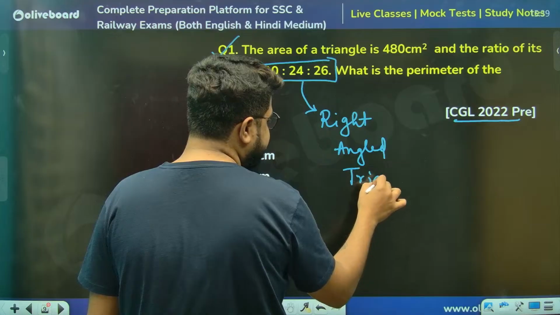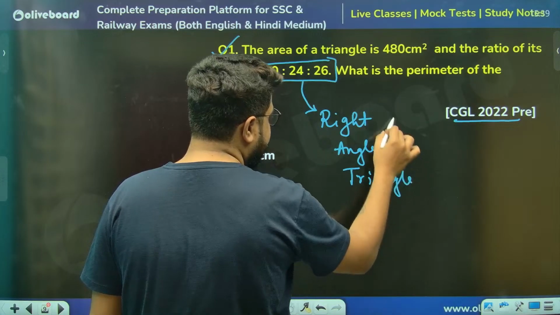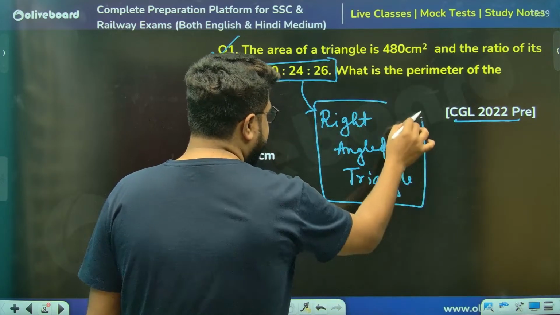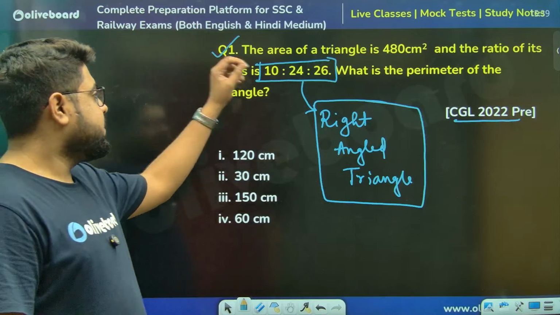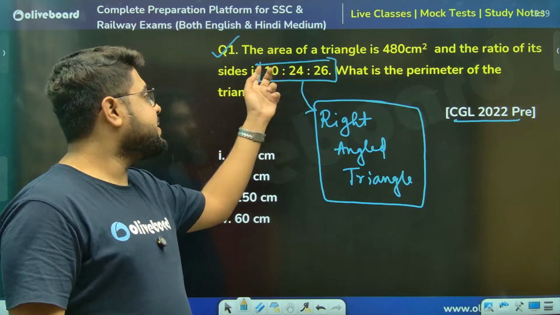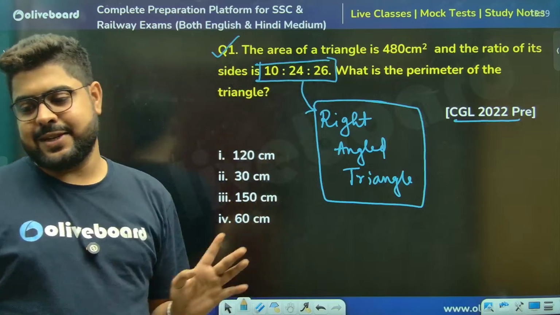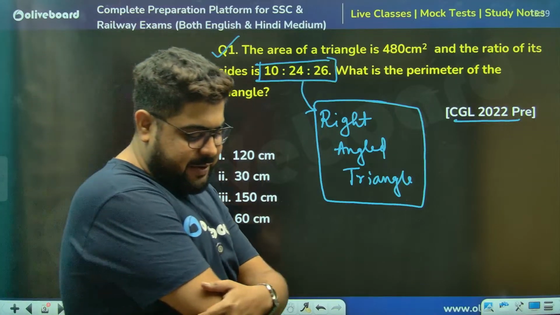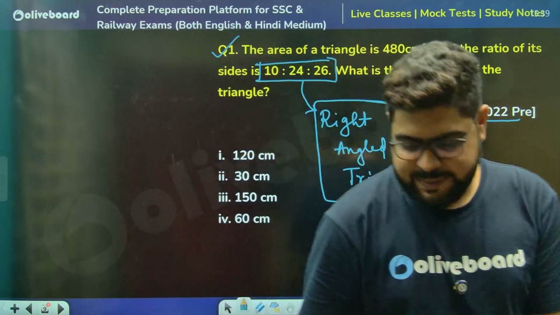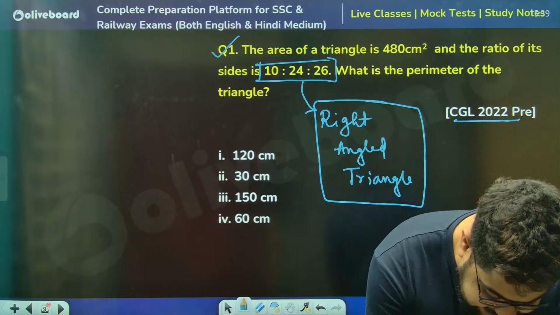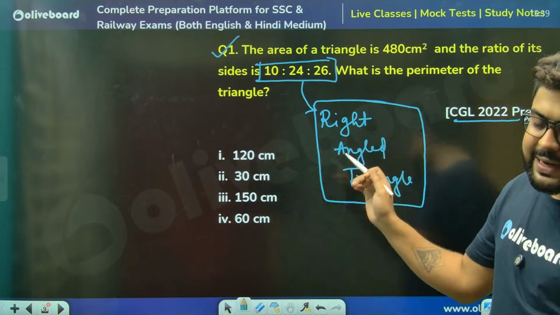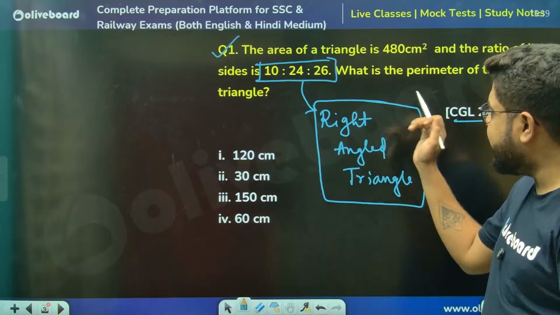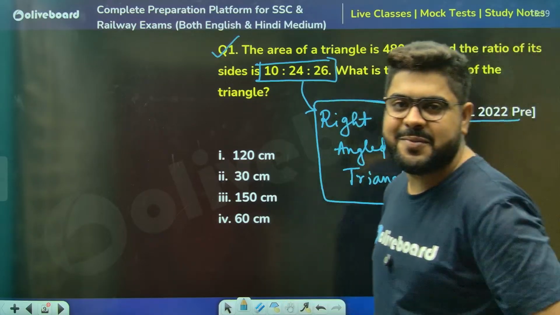Why? Because it's a Pythagorean triplet. 576 plus 100 equals 676, which is 26 square. Can you guys see this? This is the instinct part that I'm talking about.